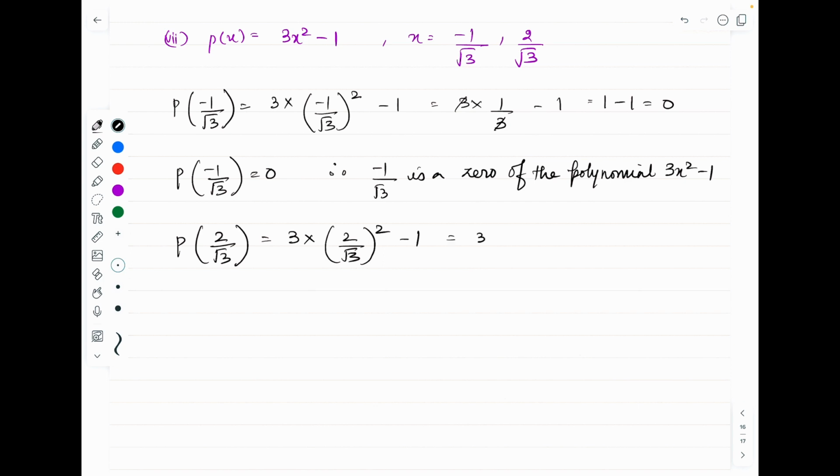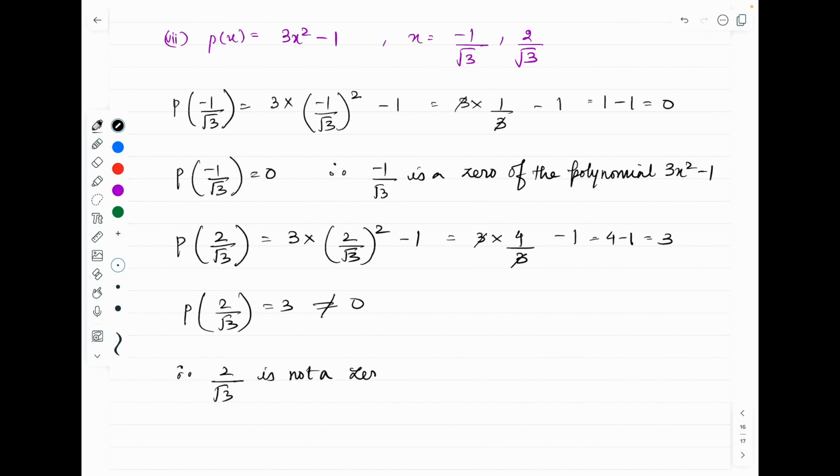Then 2 square is 4, root 3 square is 3, minus 1. 3 cancels. We get 4 minus 1, that is 3. So P of 2 by root 3 is equal to 3, not equal to 0. Therefore 2 by root 3 is not a 0 of the polynomial 3x square minus 1.